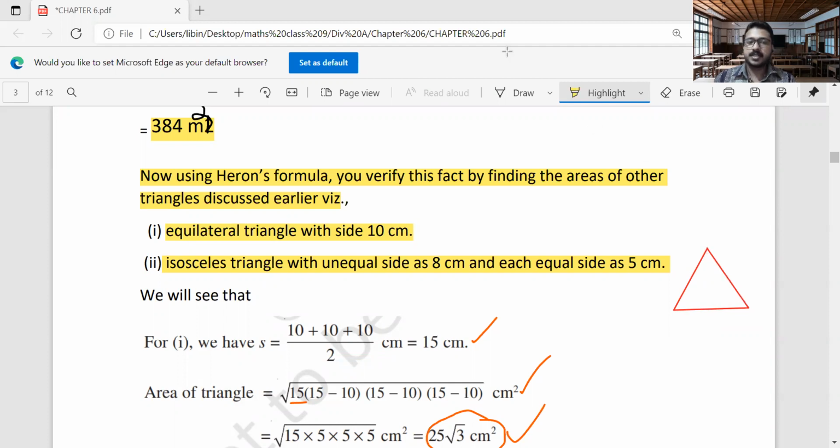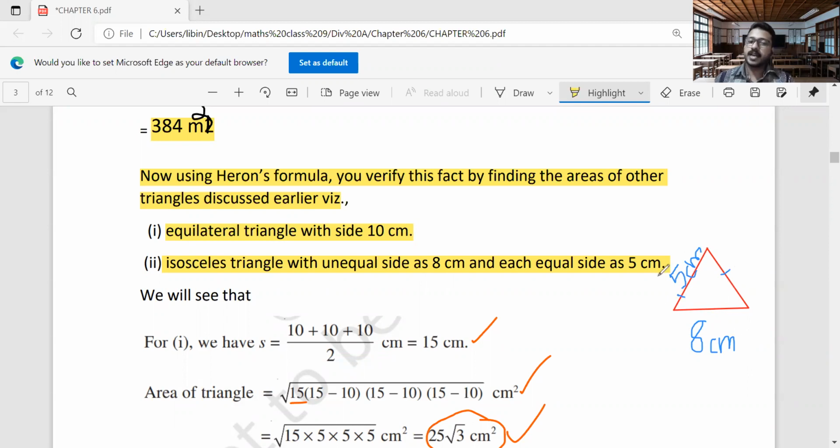The unequal side, that is the side having the longer length, is 8 centimeter, and the remaining equal sides have length 5 centimeter each.